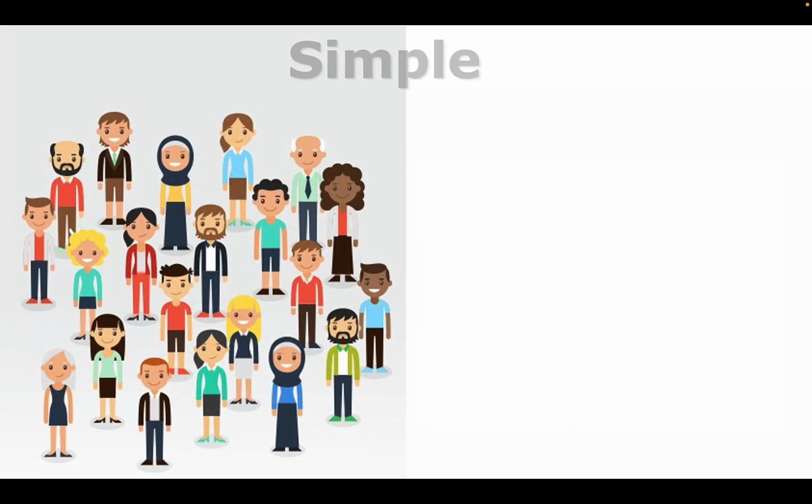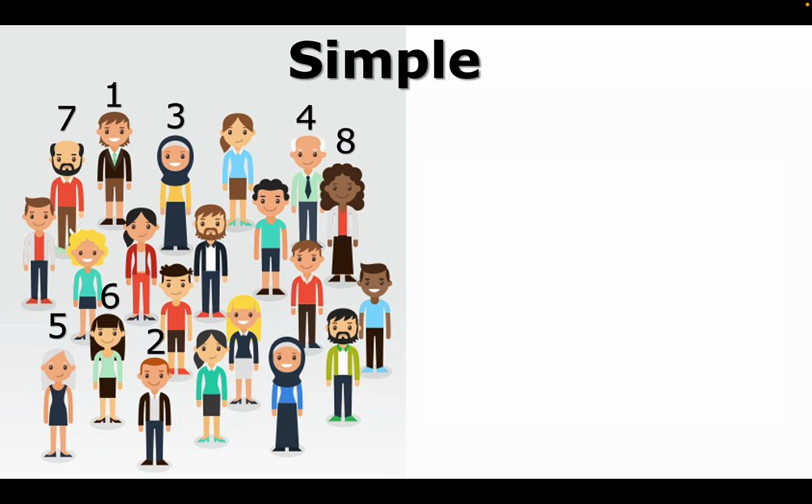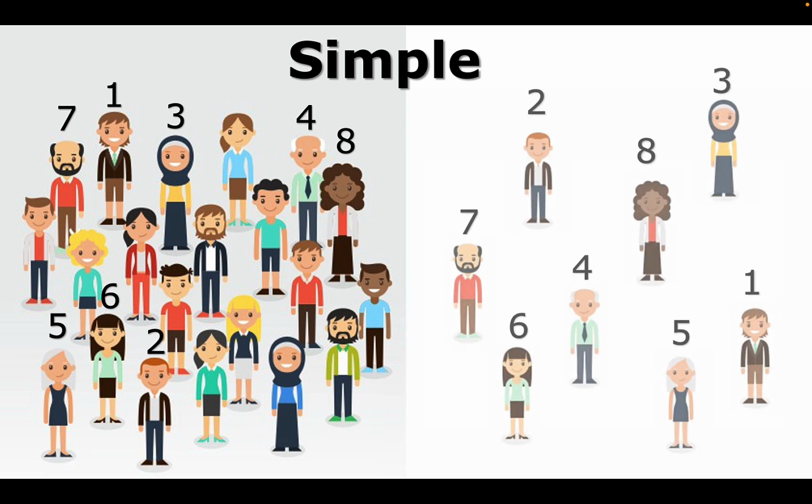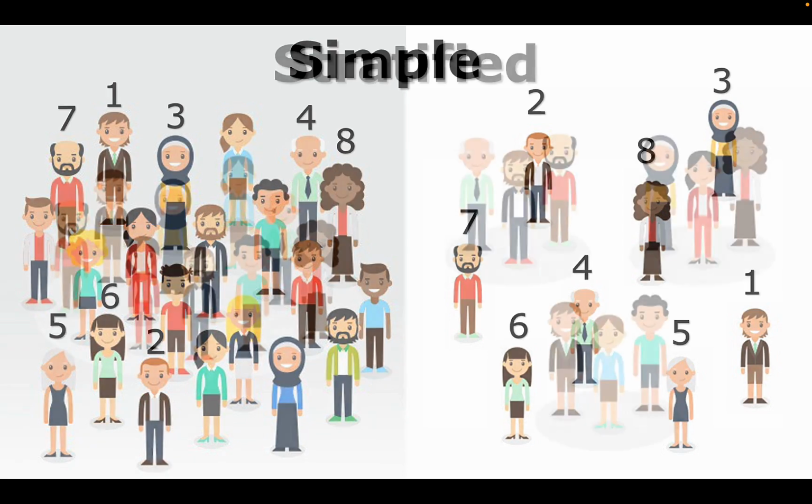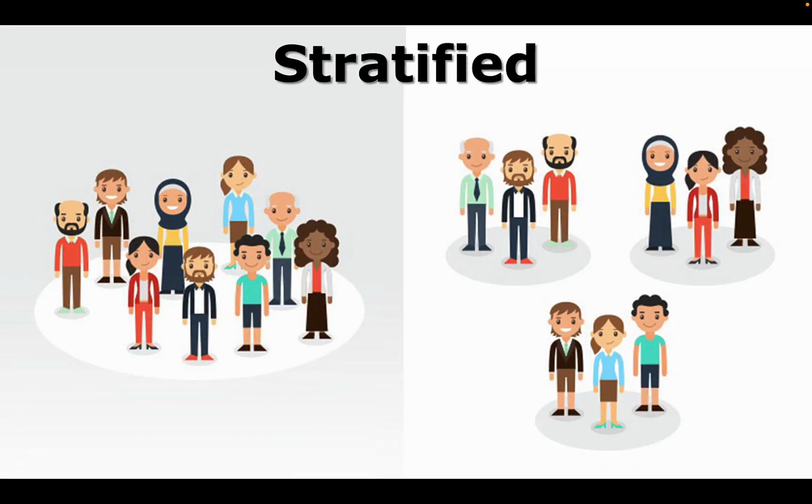So let's look at some of the different types of probability sampling. Here's simple random sampling. In this technique, all the subsets of a population or of the sampling frame are given an equal opportunity of being selected. That's simple random sampling, which we presented before. Then there's stratified sampling.